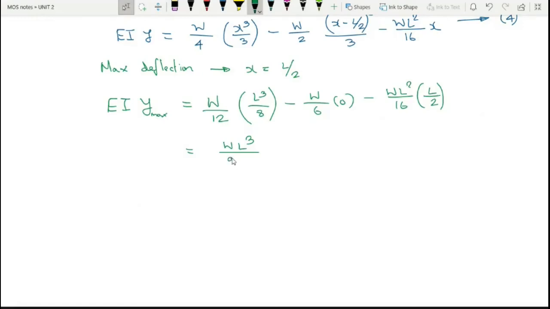96, minus WL cube by 32. What will you get? Minus 2 WL cube by 96, minus 2 WL cube by 96, so I can cancel this.